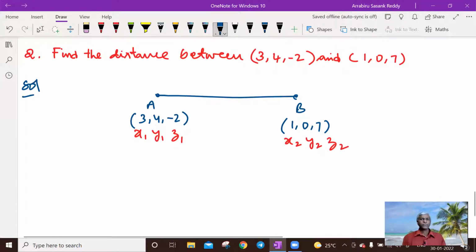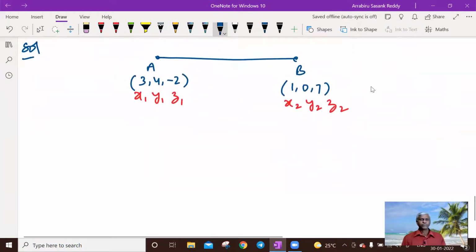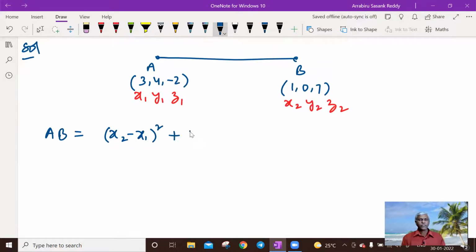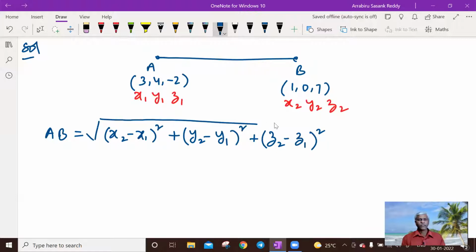Then the formula: distance between 2 points is x2 minus x1 whole square plus y2 minus y1 whole square plus z2 minus z1 whole square under root. So this is the formula.